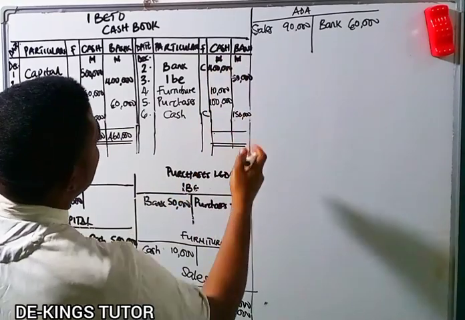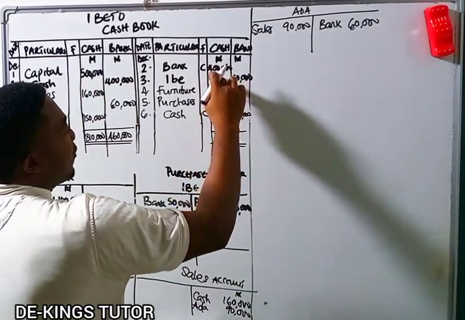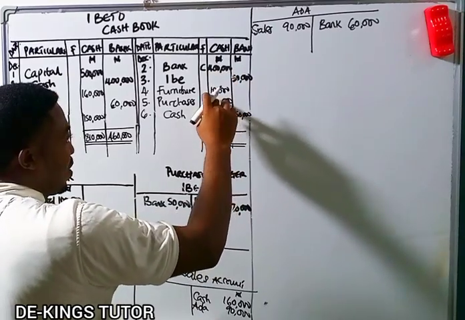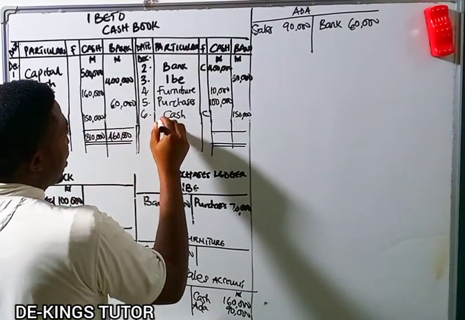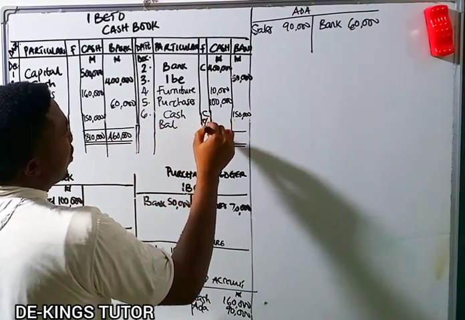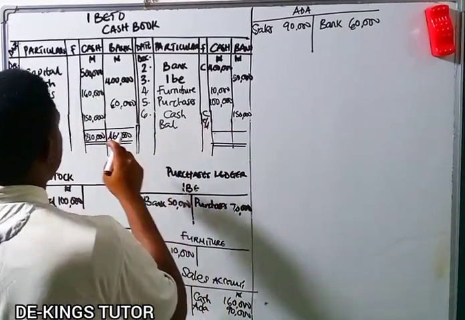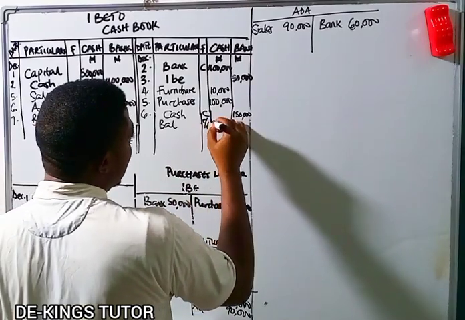Now they are obviously greater than this. So for the cash, we're going to compare it with the cash on the credit side. So 400 plus 100, 500 plus 10, 510. So 810 minus 510 will give us what we call the balance carried down, which is 300,000.